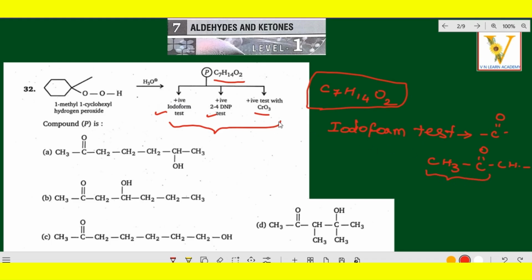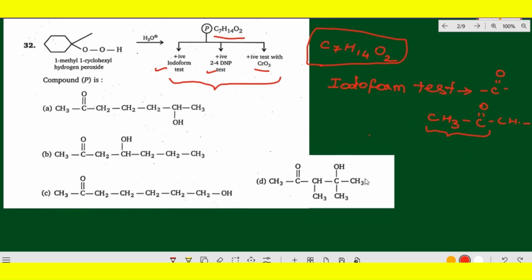And the second one is 2,4-DNP, 2,4-dinitrophenylhydrazine. So the 2,4-DNP test also will be answerable for the methyl keto group, right? Now here also I'm mentioning it so that it will be easy for you to identify.